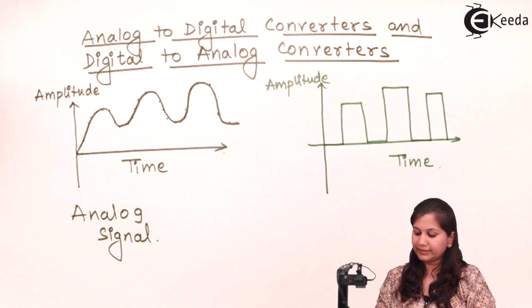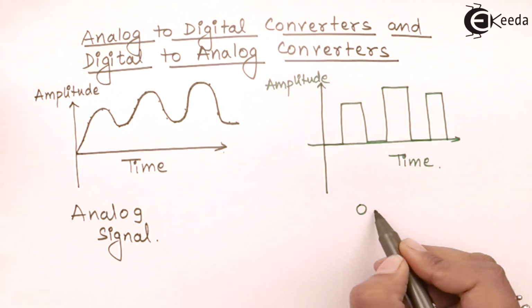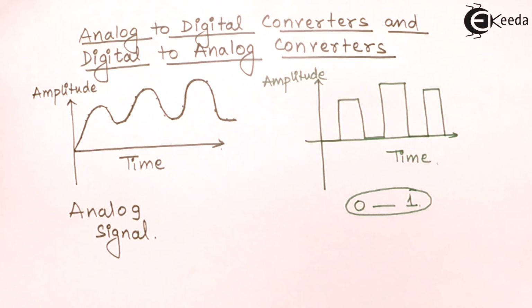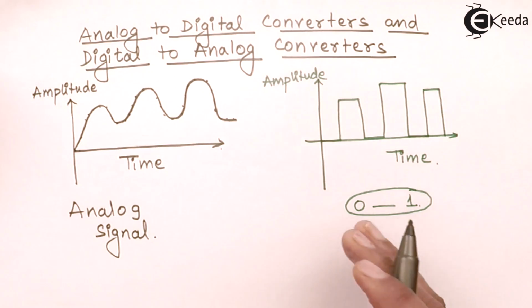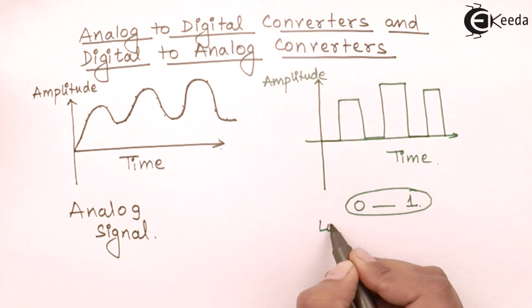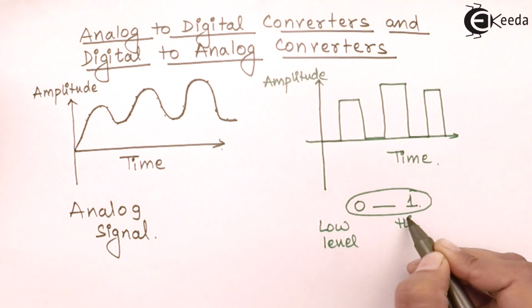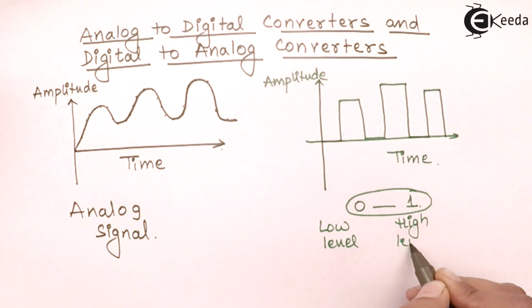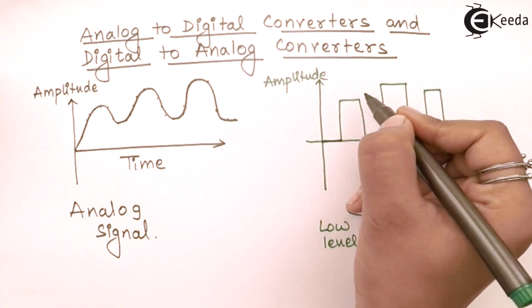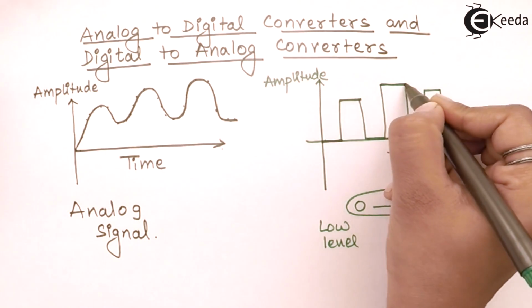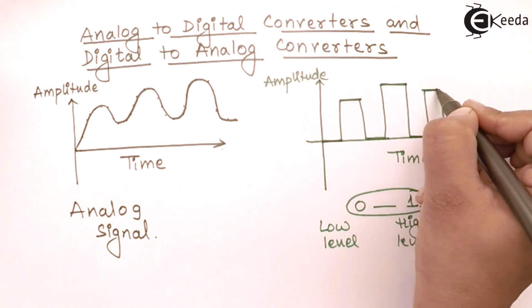It's not necessary that a digital signal has only 0 and 1 values. That is the case with binary numbers, where 0 indicates the low level and 1 indicates the high level. So 0 is this position, 1 is this position. Again 0, again some value.